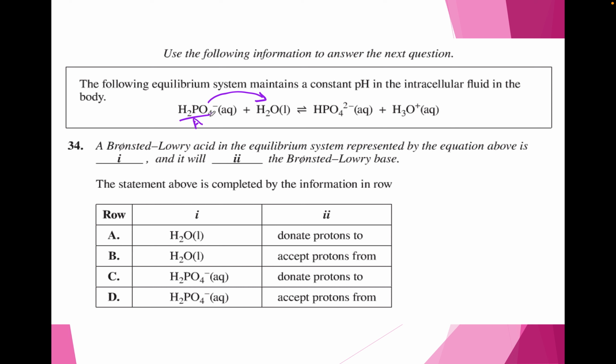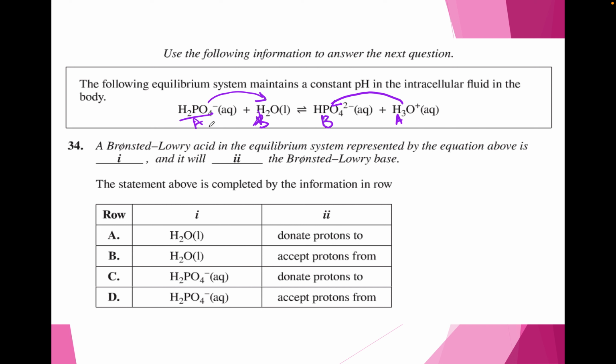So this would be an acid. Water is acting as your base. And then over here, the opposite is happening if we approached it from the product side. So the reverse direction, your hydronium ion is donating a hydrogen to the polyatomic ion. So here we have an acid, here we have a base.